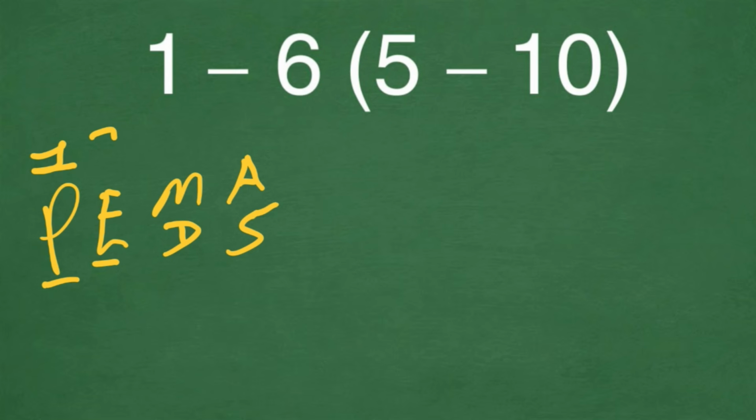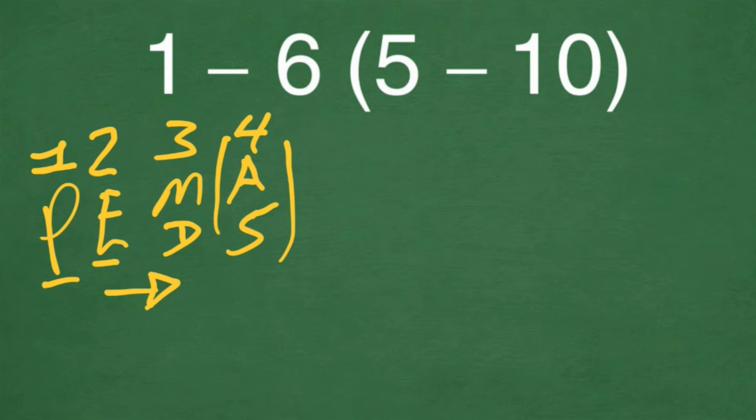The second priority is exponents. Again, we have to solve all the exponents before we move to multiplication, division, and addition or subtraction. So multiplication and division have third priority, and at last we are allowed to move to addition and subtraction. So the last thing to solve is addition and subtraction.